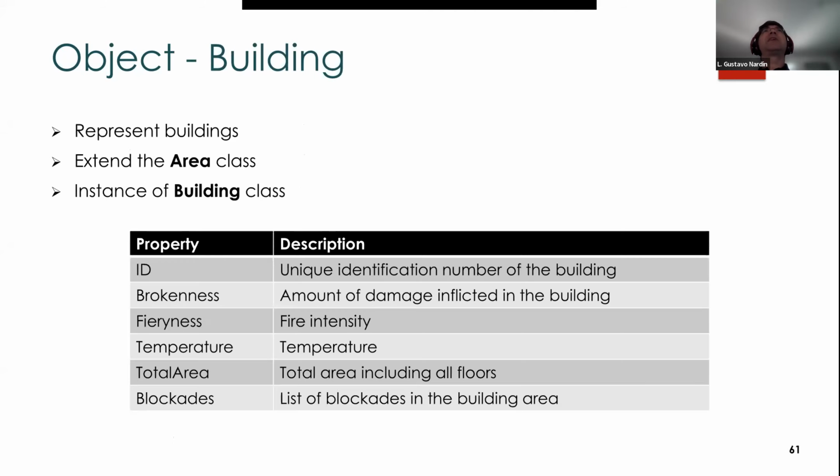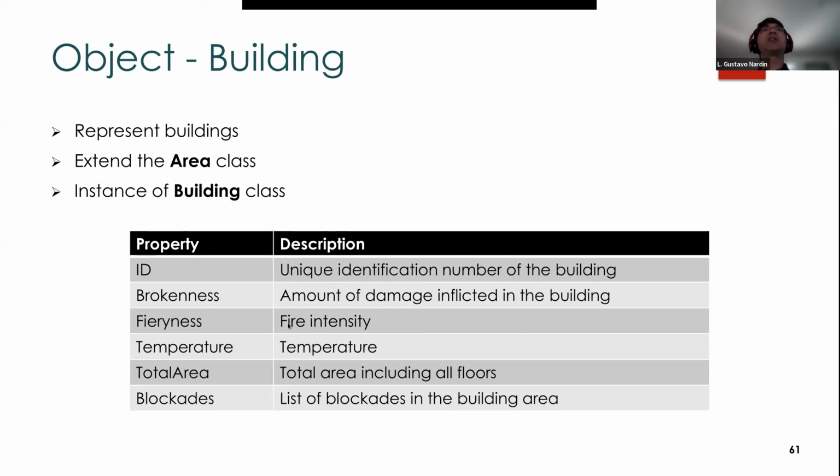In addition to the world, we also have objects that represent buildings, which is the Building object. It extends area, as I showed, and the building has a different set of properties. It has an ID, and it has a brokenness, which indicates how much damage it has suffered.